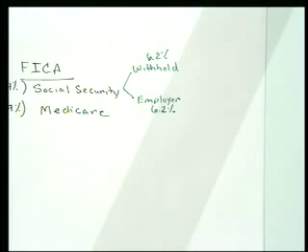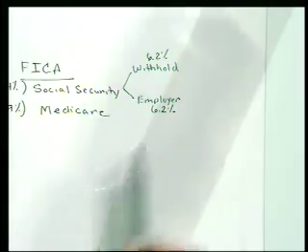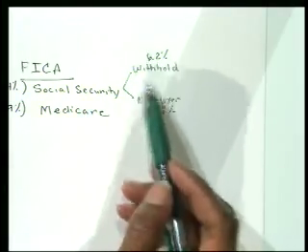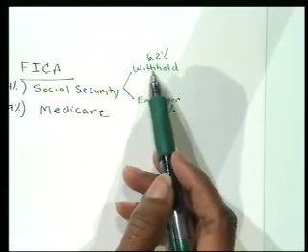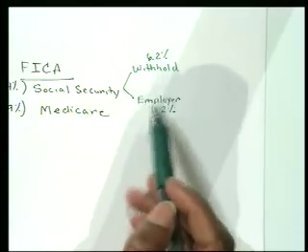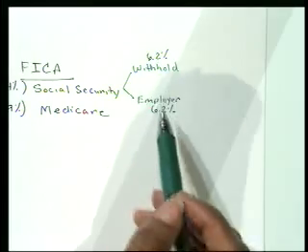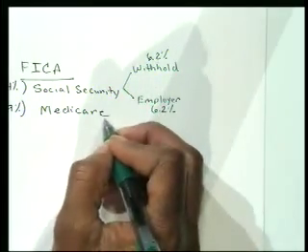So if you work for an employer, 6.2% is withheld from your paycheck and paid in, and then your employer pays the other half. Okay? Same thing with Medicare.